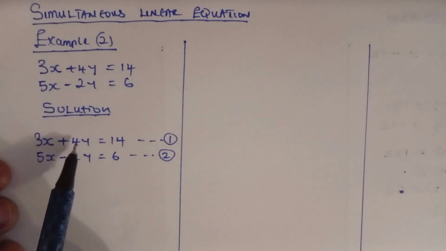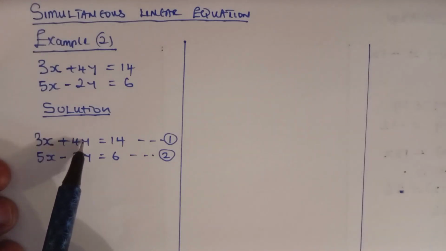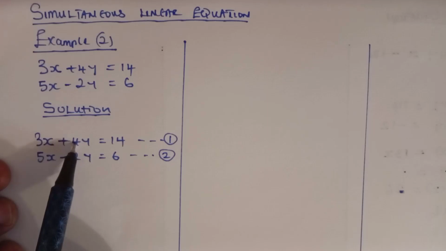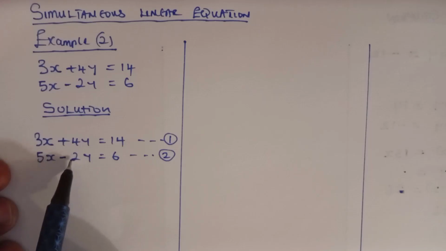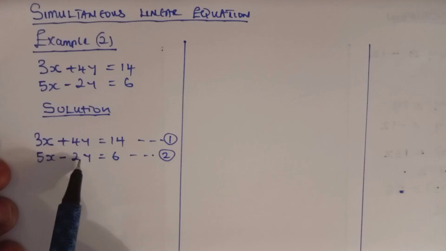But check, the coefficient of y in equation 1 is 4, not just 4, a positive 4. But the coefficient of y in equation 2 is negative 2.